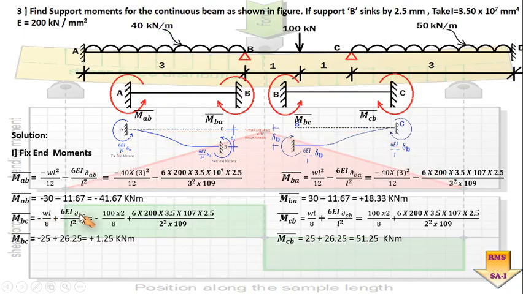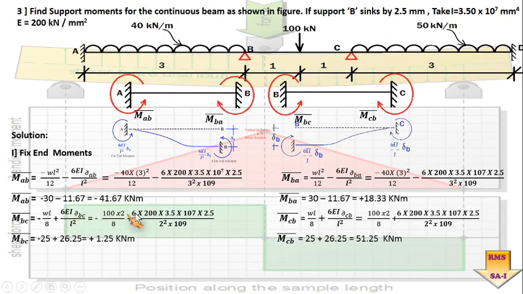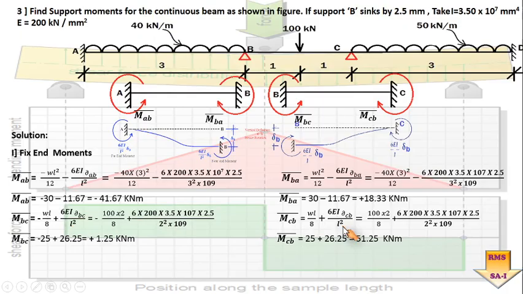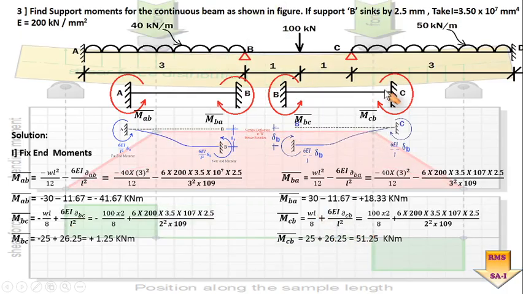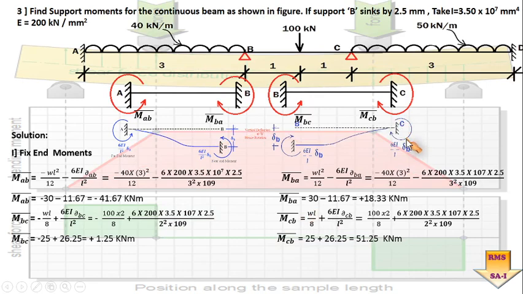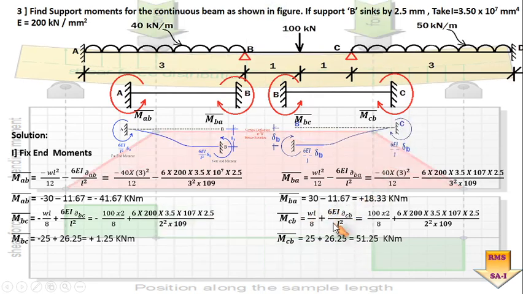So putting the individual values of the loads and the lengths, we are in a position to simplify MBC and MCB. So here also clockwise, so plus WL by 8, and clockwise again, therefore the effect of sinking is also clockwise.